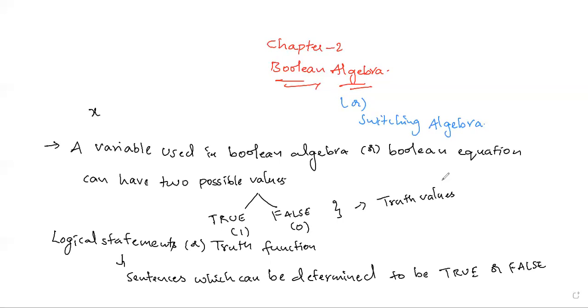See, a logical function or logic function, we can also say, is a compound expression. Now let me consider in general mathematics, x plus y is equal to z. This is a compound statement, or we can say x plus y into a. This is a compound statement.